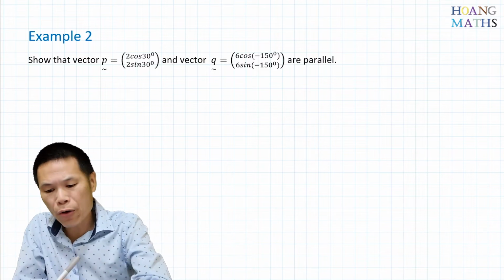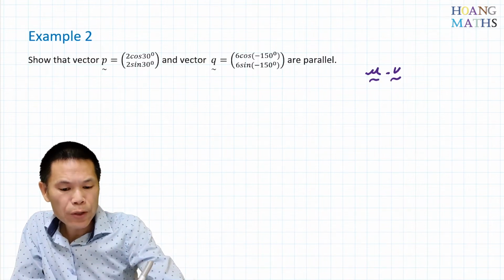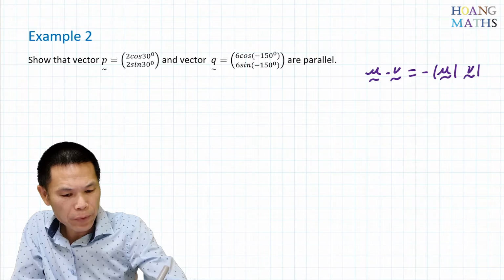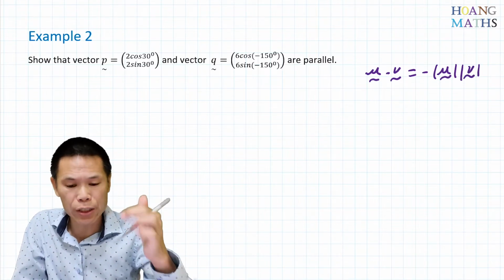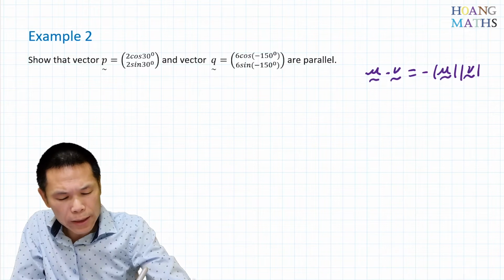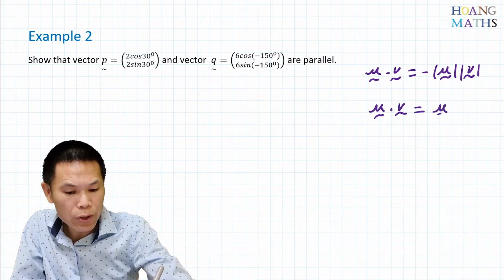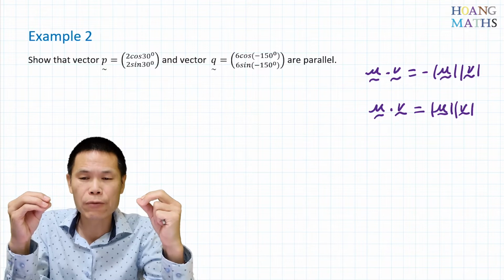So we know that for parallel vectors, u dot v will give me negative magnitude of u times magnitude of v if they are in opposite directions, or unlike direction, if you like. Otherwise, u dot v is equal to magnitude of u times magnitude of v if they are in the same directions, or like direction, if you like.